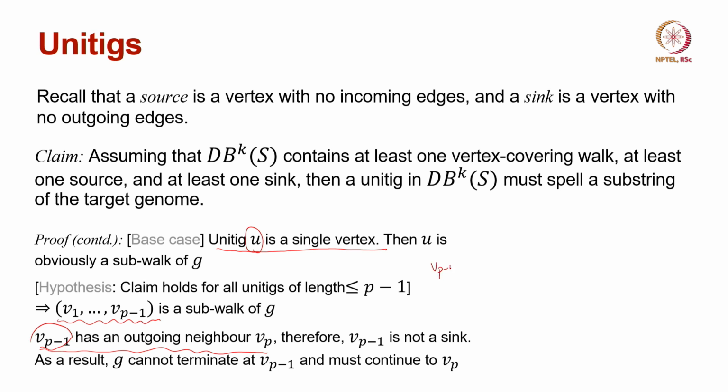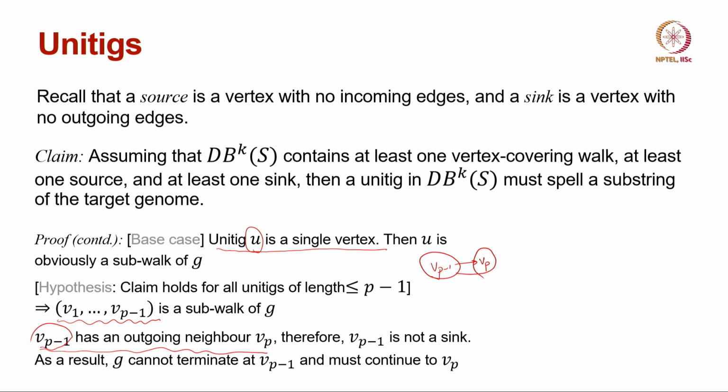It has a single outgoing edge to Vp because of the definition of unitig, and if your walk G reached here, then it must continue to Vp as well, and that proves that the unitig is a sub walk of G. So, this induction argument proves the claim that a unitig must spell a substring of the target genome.